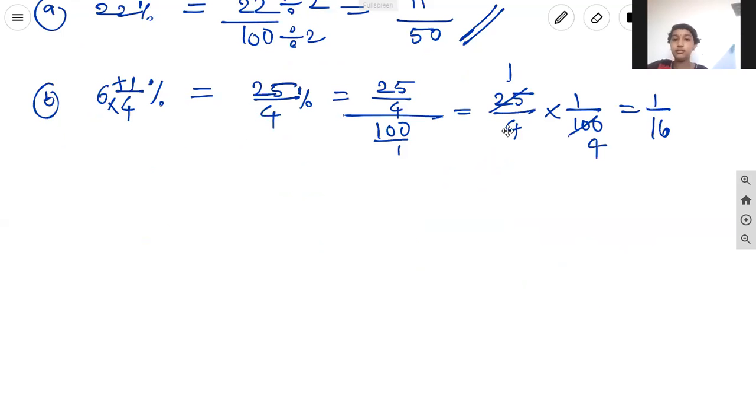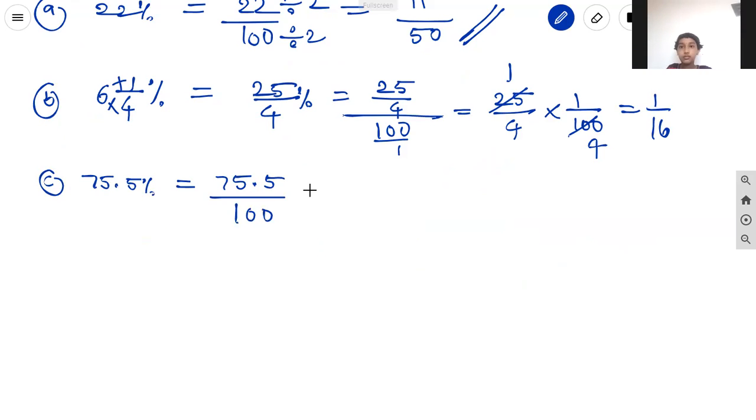Next problem. 75.5 percentage, that is nothing but 75.5% means per 100. So, for the elimination of the decimal point, we write in the denominator 10. That is 100 into 10. Why? Because the decimal point is after one digit, so to eliminate it we write 10 in the denominator.